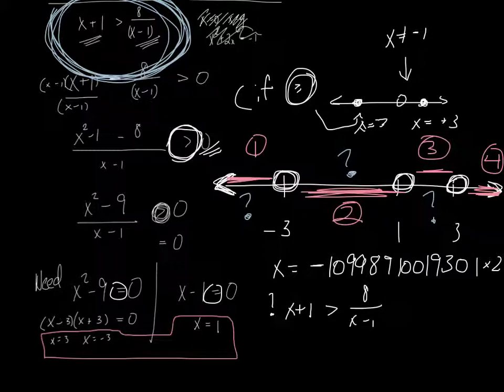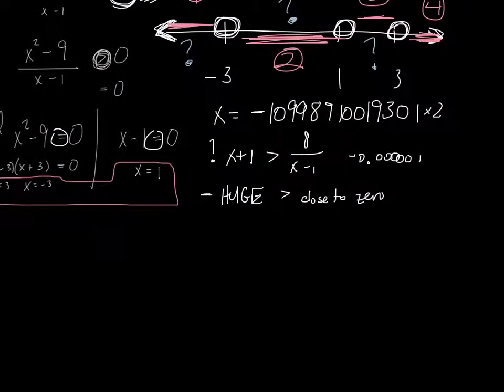This is like asking if negative huge is bigger than close to 0, something like negative 0.0000001. Is a humongous negative number bigger than anything? No, humongous negative numbers are the smallest things on the planet. So the inequality does not work here.